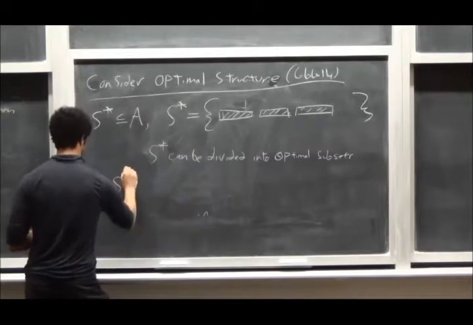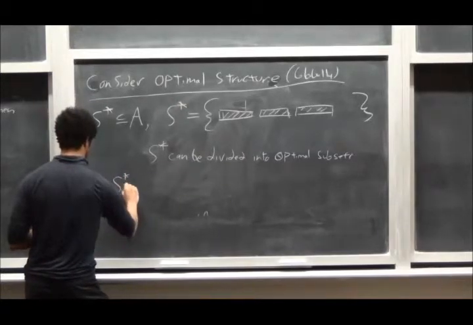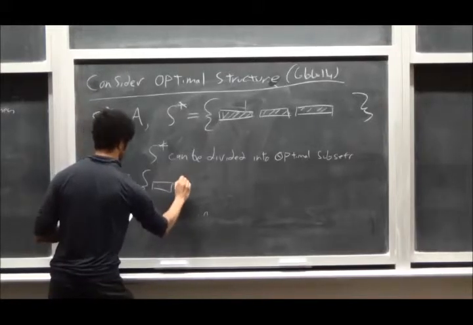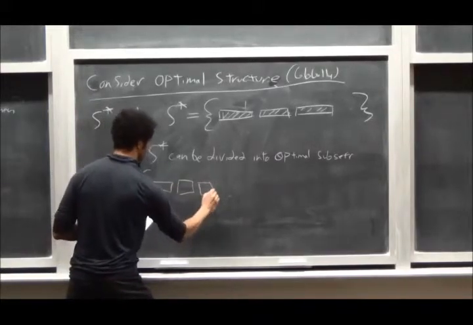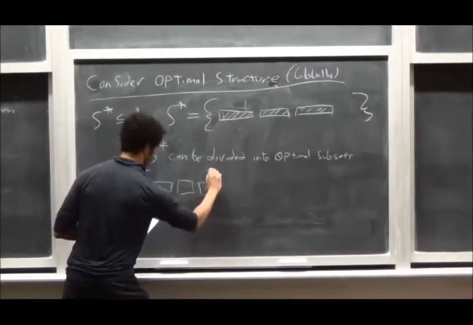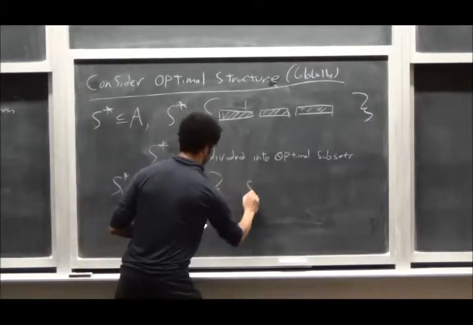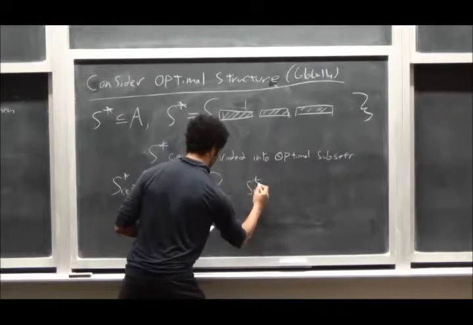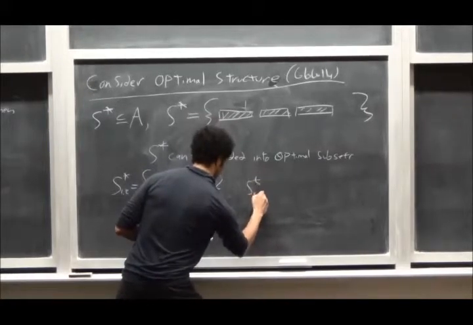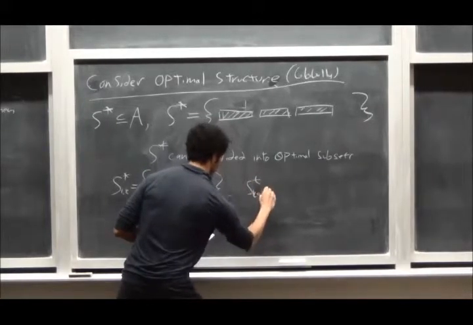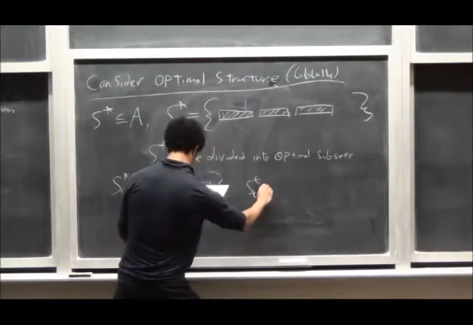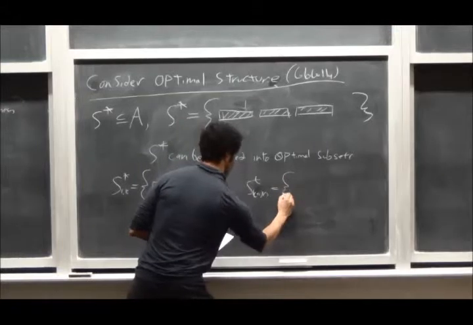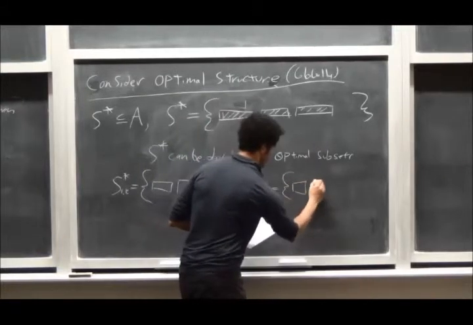So we might have, for example, S1 to K, these few, where this is the kth element. Then we might have S K plus 1 to, let's say, N. Which continues.